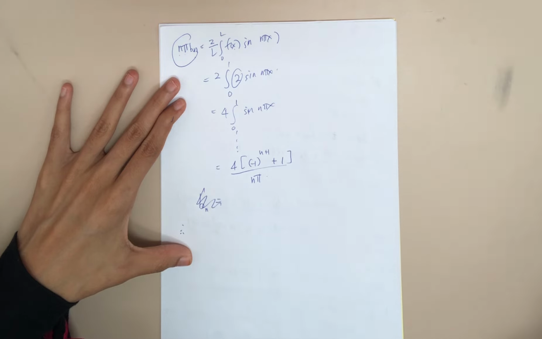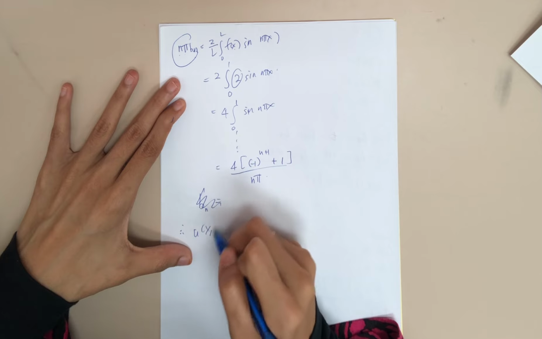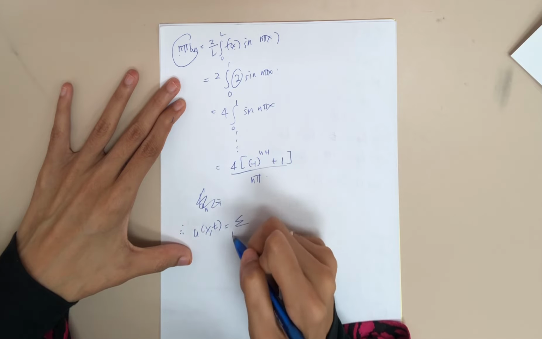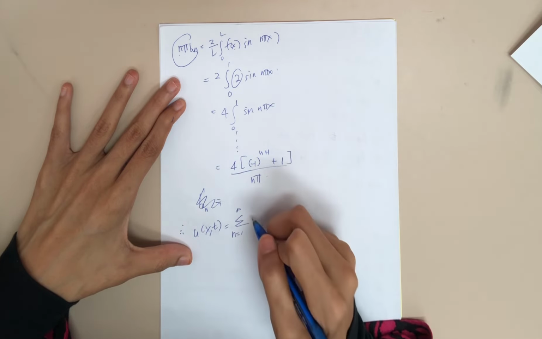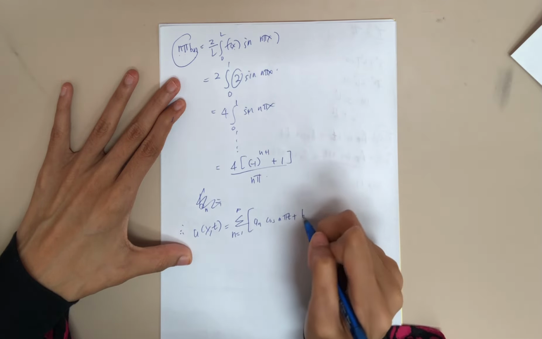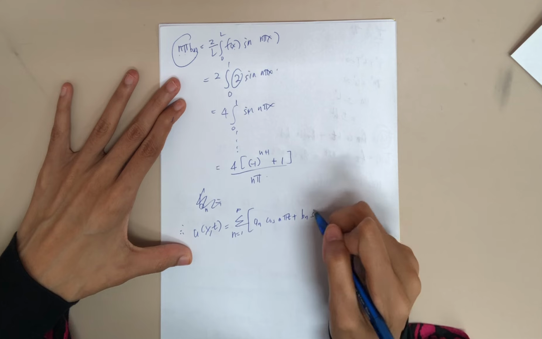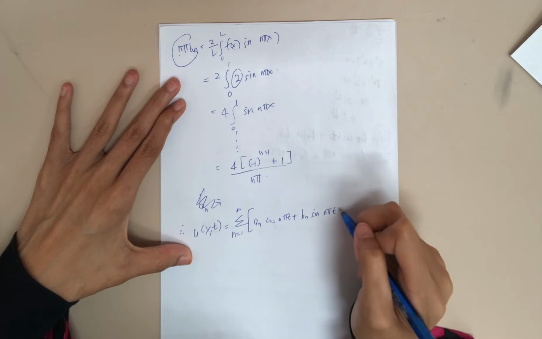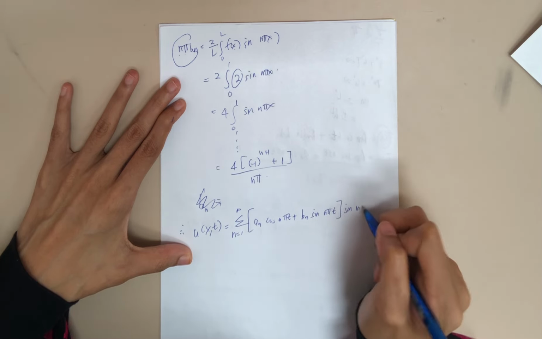Yeah, the final answer, ux. What is your ux just now? Uxt is equal to the summation of n from 1 to infinity, an cos n pi t plus bn sin n pi t and then sin n pi x.